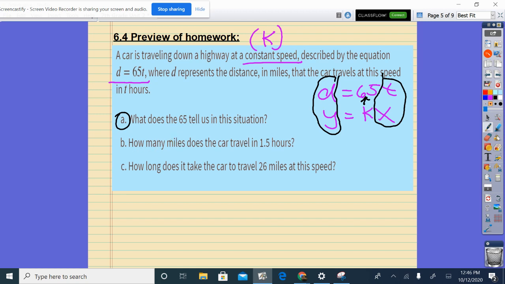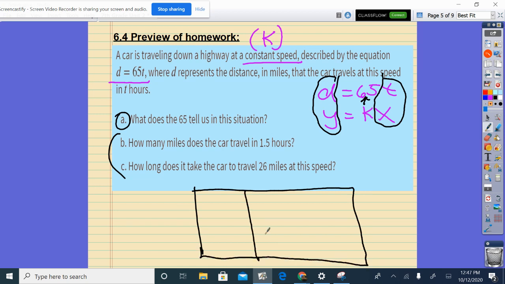Now for B and C, I would draw a table because I love to draw pictures. It makes things so much easier. There's X and Y and the K constant column. As we've already identified in the problem, X is time, Y is distance, and K is speed.